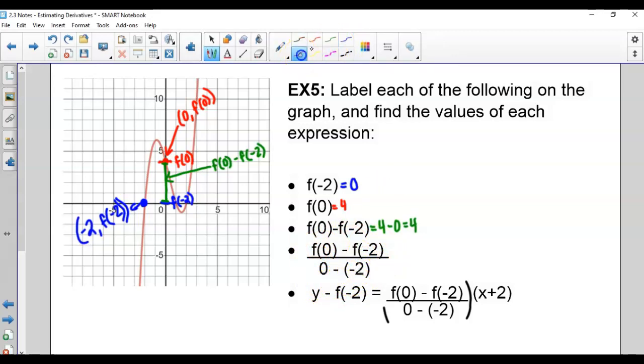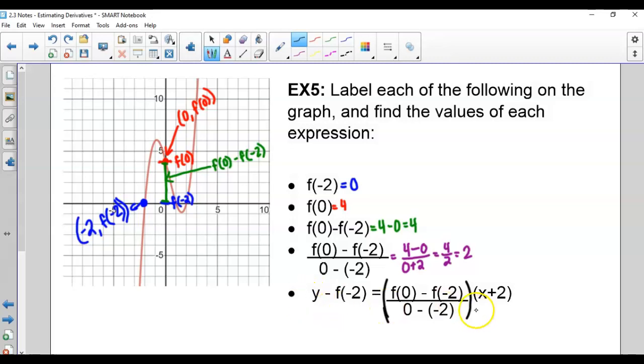So if I plug those numbers in, I have f of 0 is 4 minus f of -2, which was 0, over 0 plus 2, which is going to give us 4 over 2, which of course is 2. Now, I am not going to label that, mostly because we're going to really see this in the next problem.